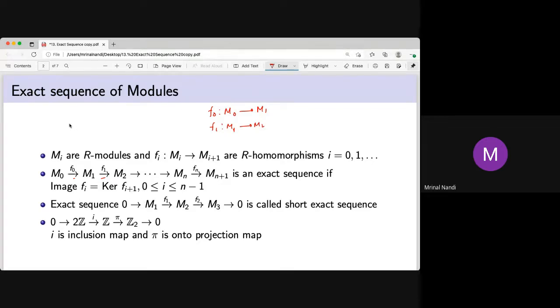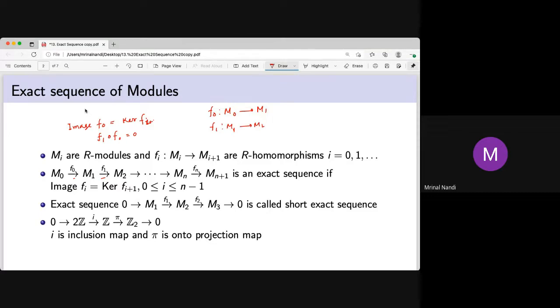So the image of f0 must be equal to the kernel of f1. That means, if you take f1 composed with f0, that is actually 0.